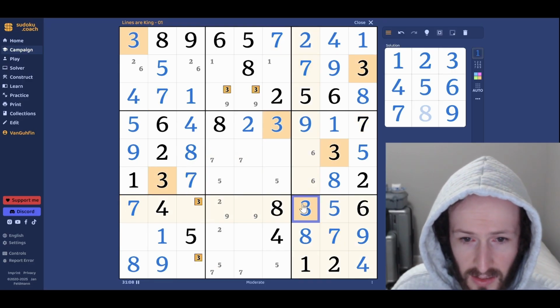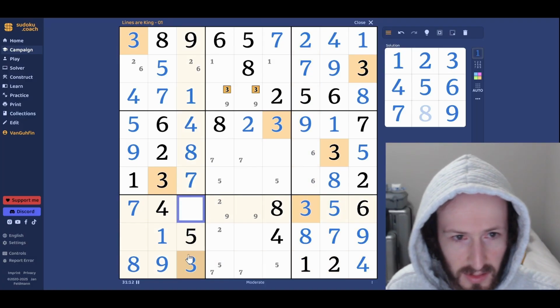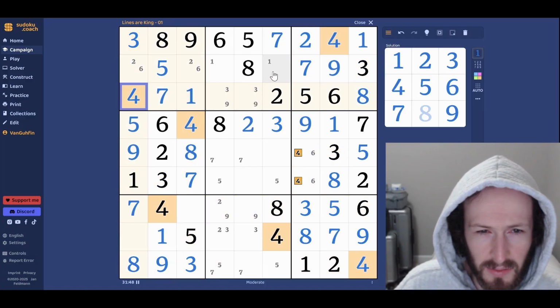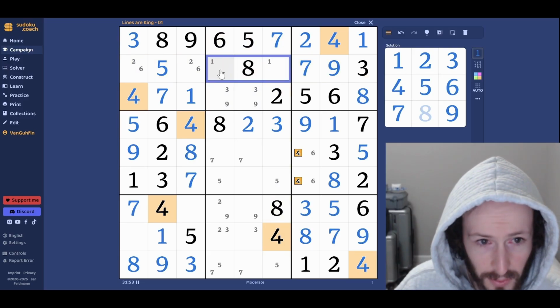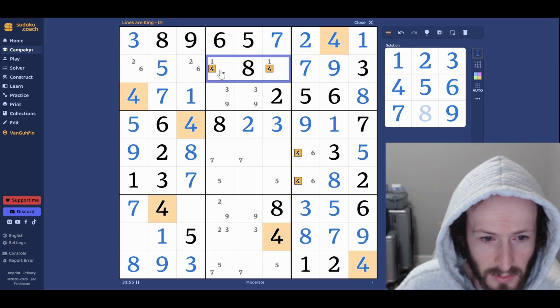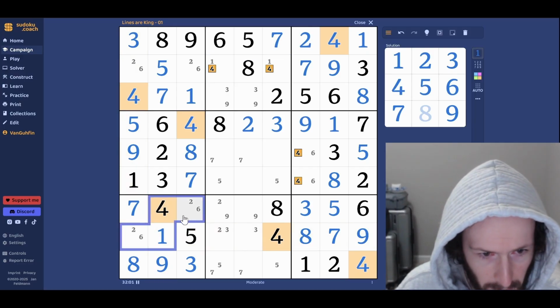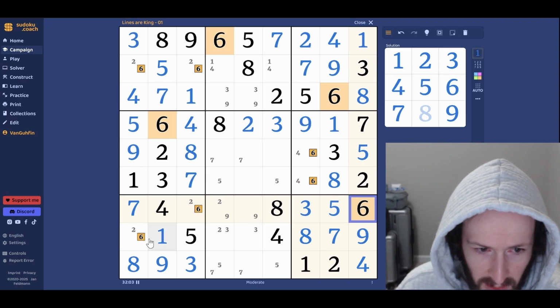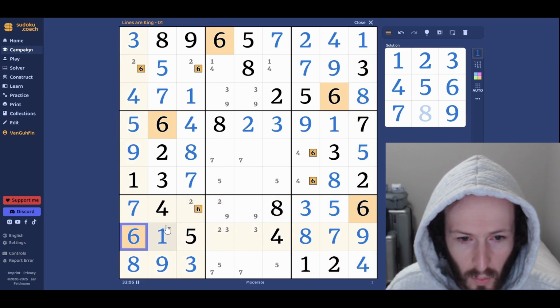3. Which solves. One of these 2 is a 4. Oh, no, sorry. One of these 2 is a 4. I'm missing a 2 and a 6 here. But that can't. So that has to be the 6. One of these 2 is a 6.